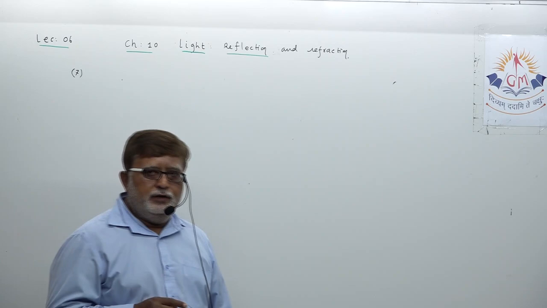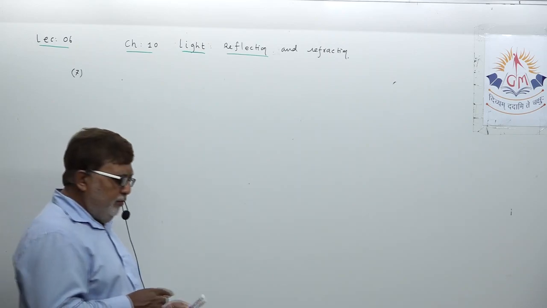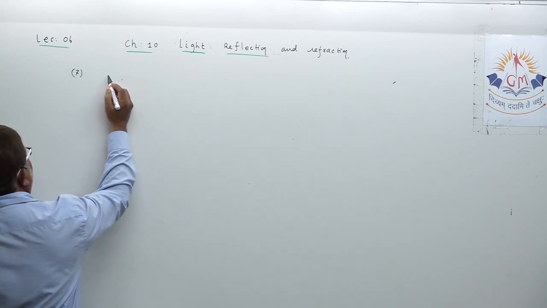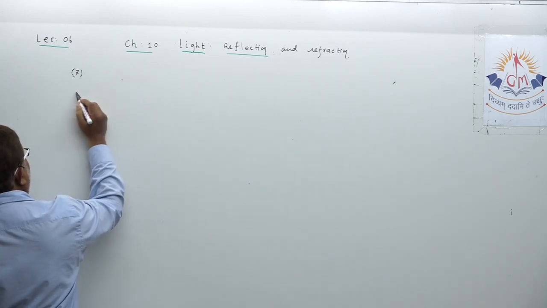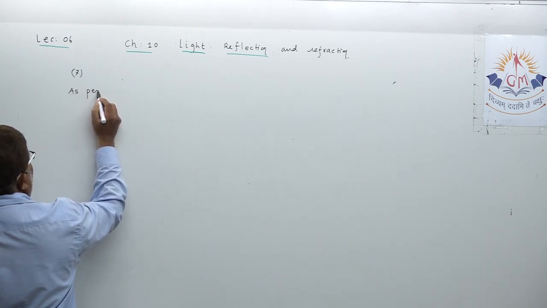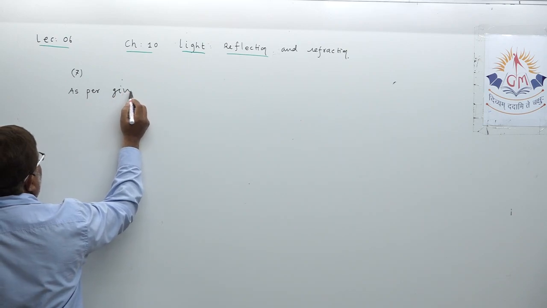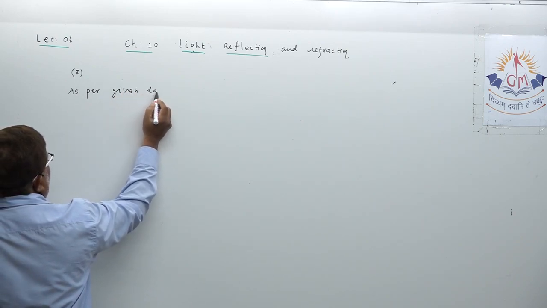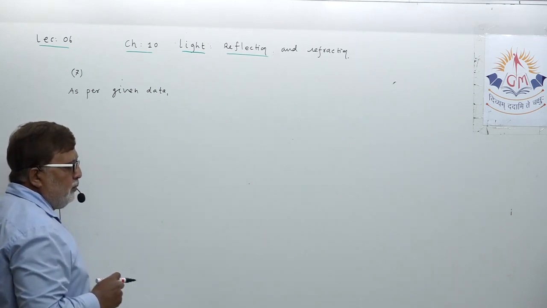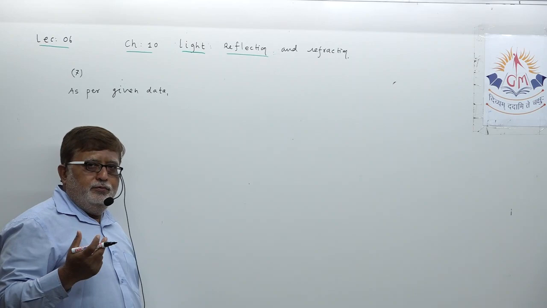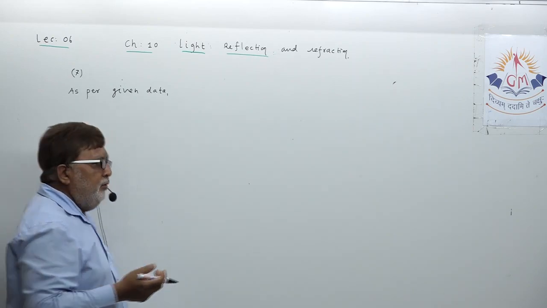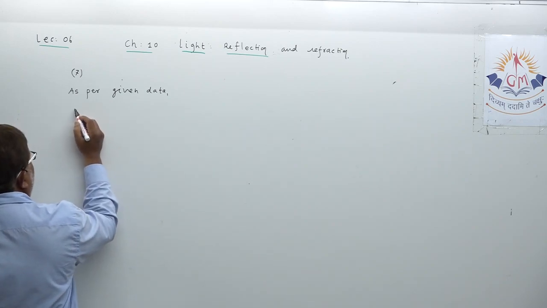Find position, nature and size of the image. As we do in all examples, we first write as per given data. What is given to us? Size of the object has been given, 5 centimeter. Size means height, simply speaking.